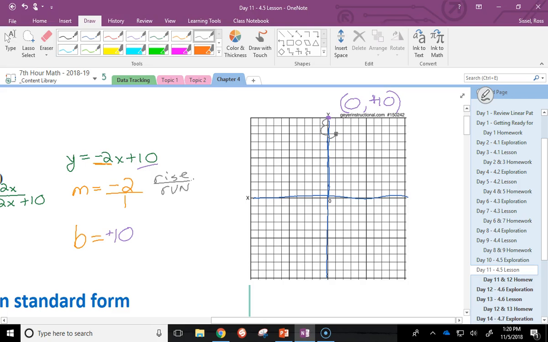My slope is negative 2 over 1. 1, 2. Over 1. There's another point. Because I have that, I can now just draw a line through there. That is how we graph this. If you know your y-intercept and you know your slope, you can graph anything.